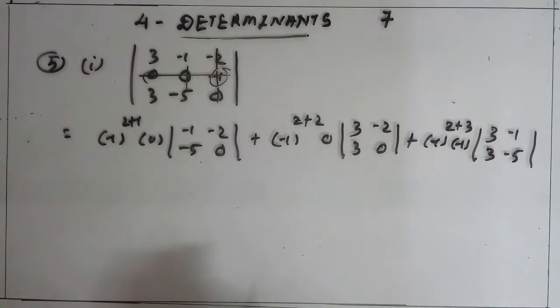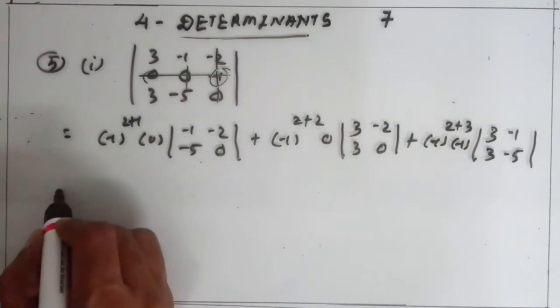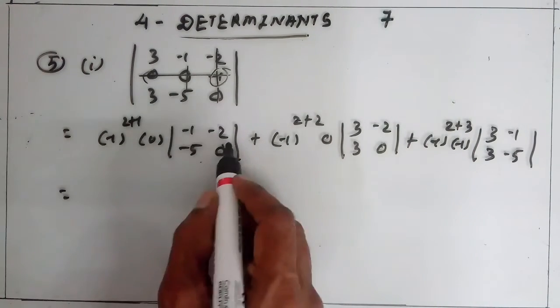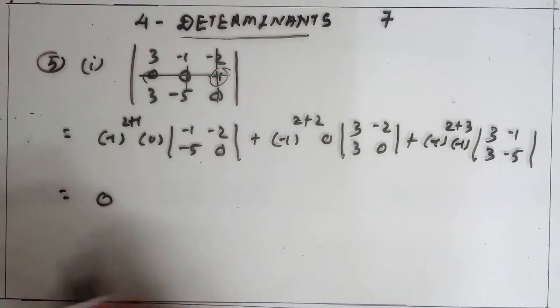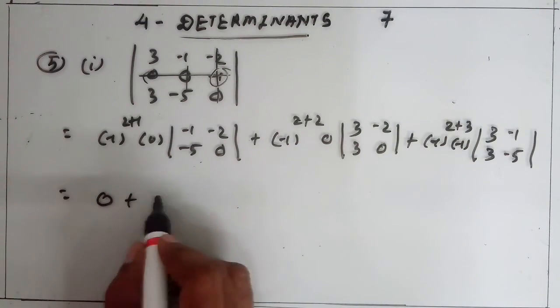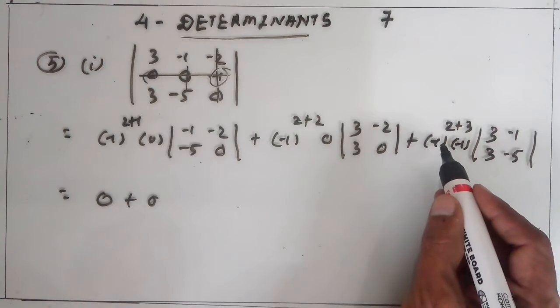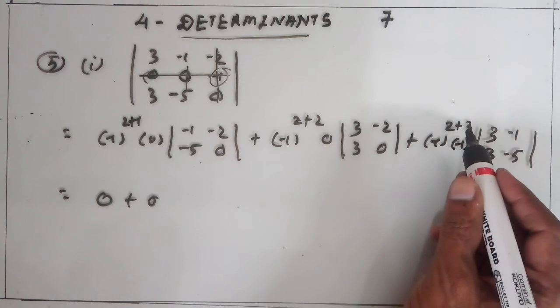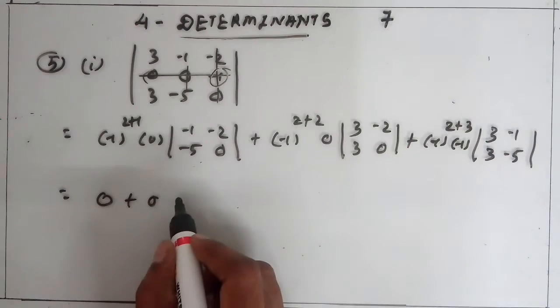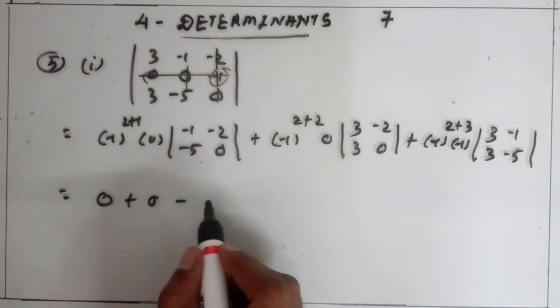Clear this? So remember this, how to get the value of this third order determinant. 0 into any number becomes 0. 0 into these numbers also becomes 0. Clear this? And minus 1 raised to 2 plus 3 becomes minus 1 raised to 5. Minus 1 raised to 5 is equal to minus 1.